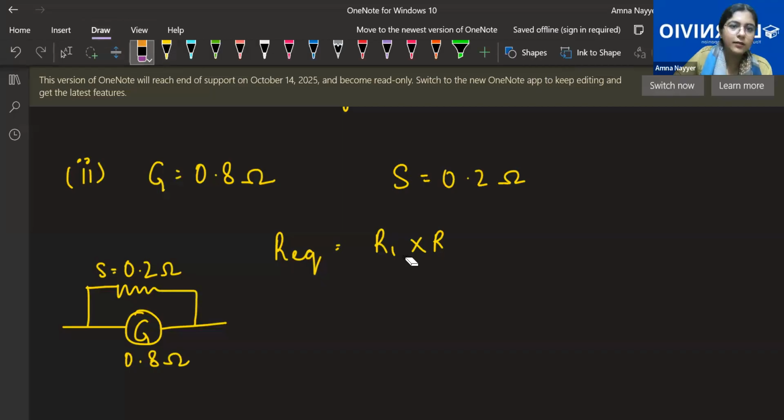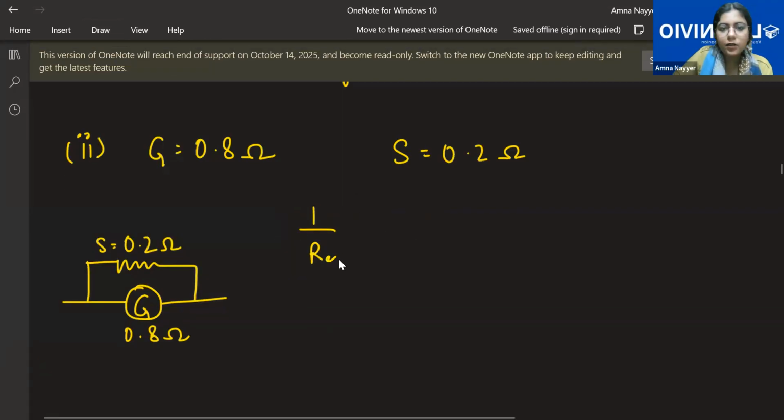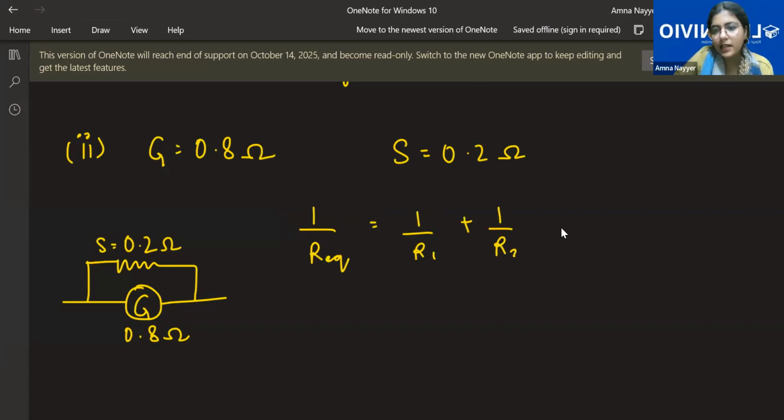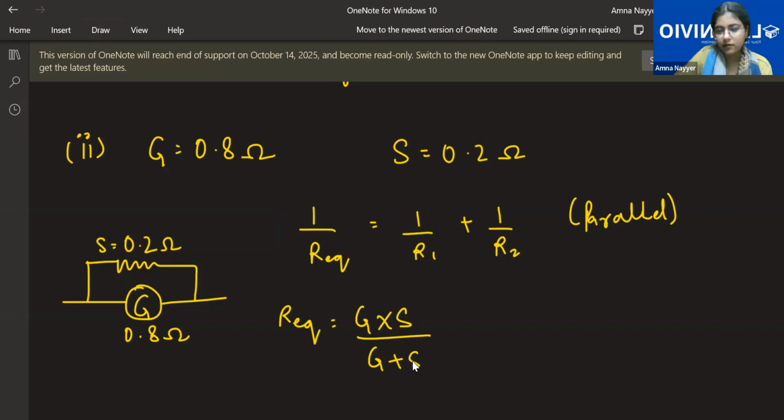Now, you already know, when you have R equivalent, 1 by R equivalent is equal to 1 by R1 plus 1 by R2 for parallel connection. So here R equivalent will become G into S divided by G plus S when you take LCM and reciprocate it.